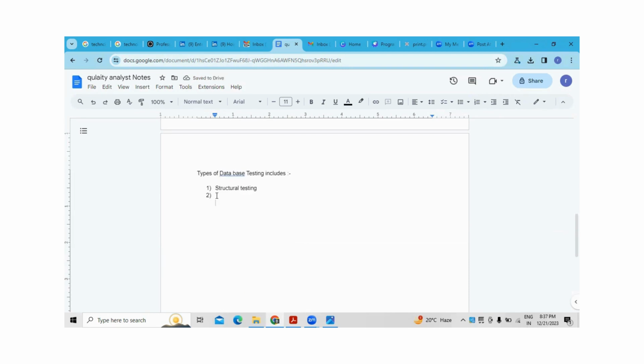The second one is functional testing. The third one is non-functional testing. So structural testing, functional testing, and non-functional testing.